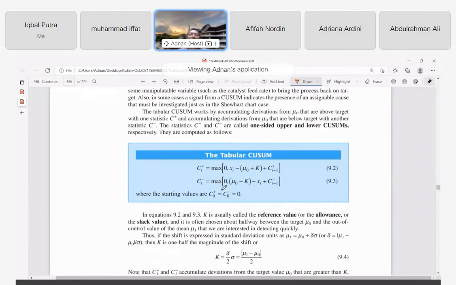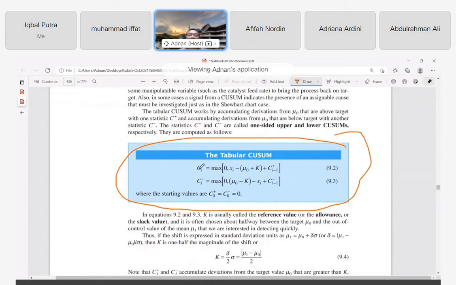So the tabular QSUM is a modification of what we have seen earlier, but the basis is there. Tabular QSUM divides this C value, the cumulative value, into C plus and C minus, the cumulative sum of the plus side, the upper side, and the bottom side.